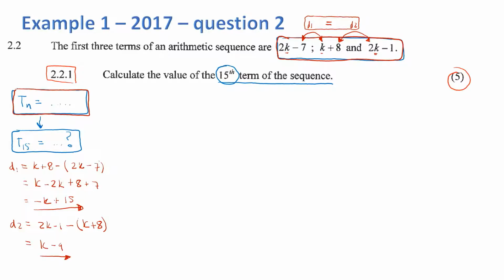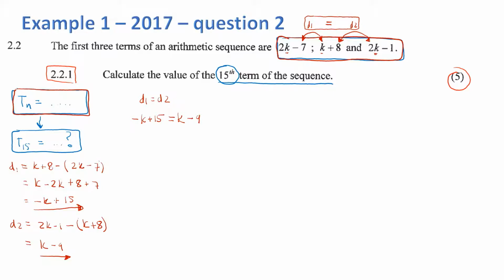I'm sure you'll manage. So what we know now is this property we're going to use to solve for k. So D1 equals D2. So we have minus k plus 15, sorry, and that equals k minus 9.